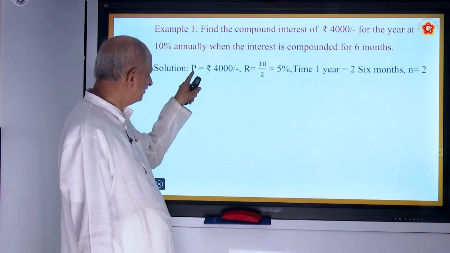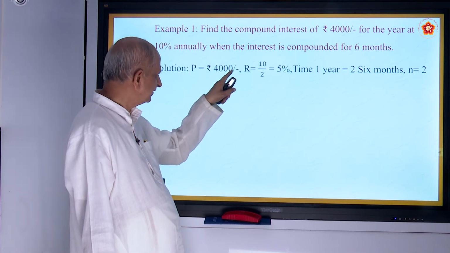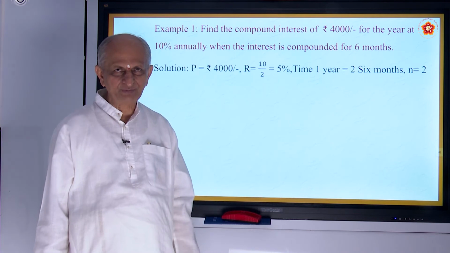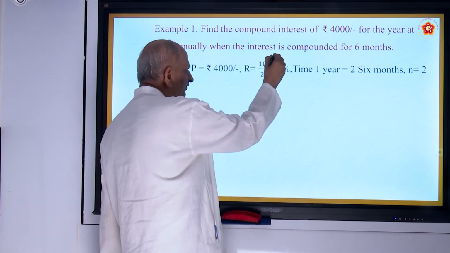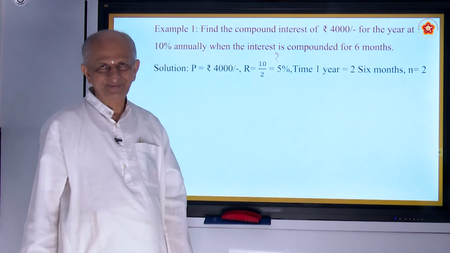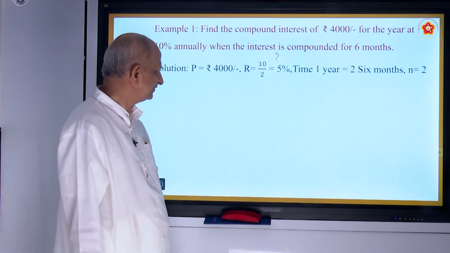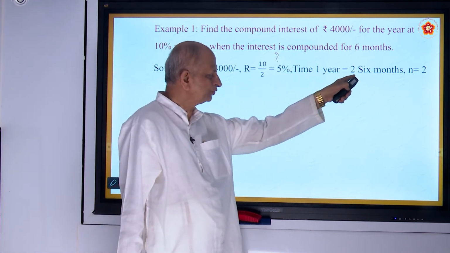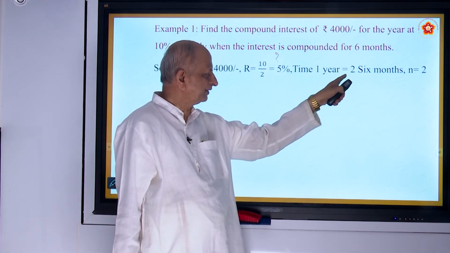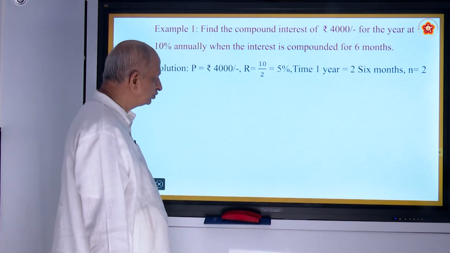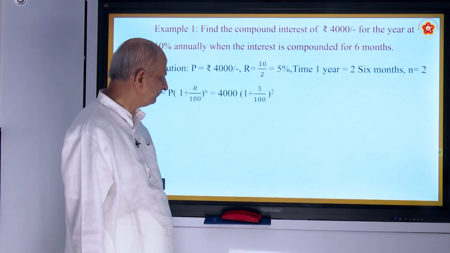Now the principal is 4,000 rupees. The rate of interest is 10 by 2. Why must you take 10 by 2? Because it is a half yearly calculation, once in 6 months. So that is 5%. Time is 1 year, that is 2 six-month periods. 1 year means 2 half years, and n is equal to 2 you must take in the formula.